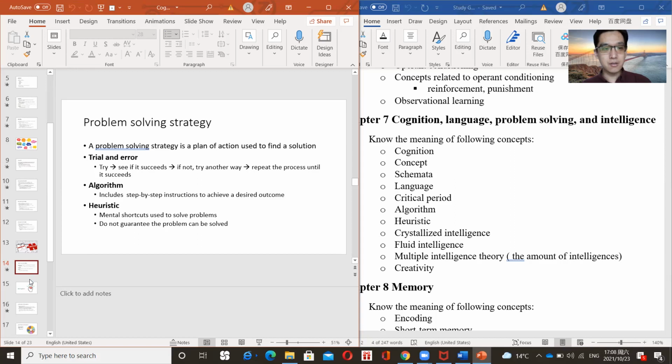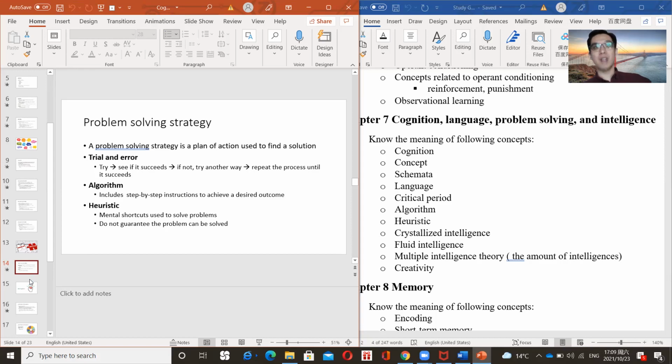Heuristic is totally different from algorithm. Heuristics are mental shortcuts. They depend on feelings, on intuitions.